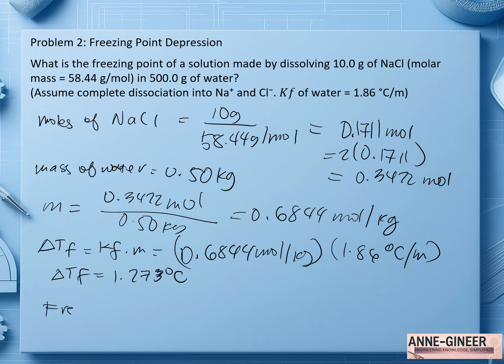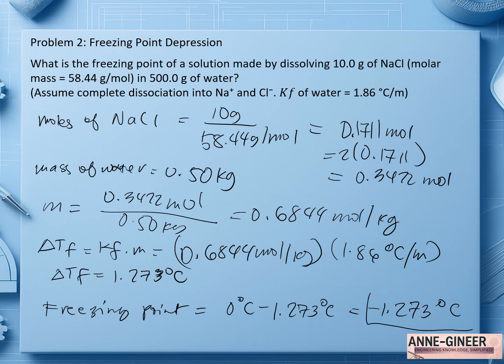The freezing point is equal to 0 degrees Celsius minus 1.273 degrees Celsius, which is equal to negative 1.273 degrees Celsius. So that is the new freezing point.